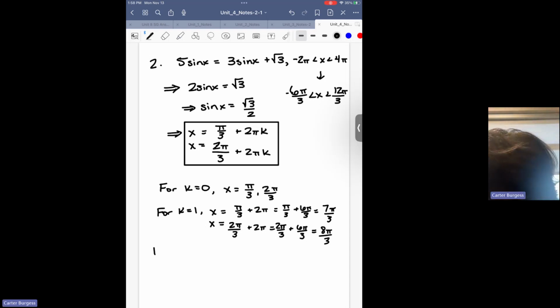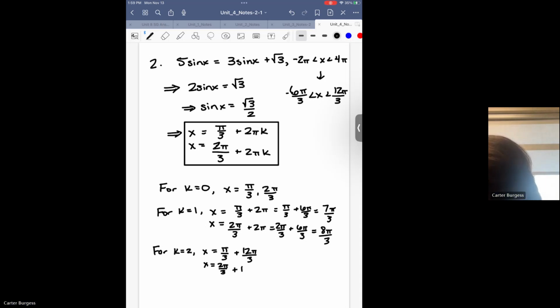All right, let's check for k equal to 2. When k is equal to 2, I am taking my pi over 3 and my 2 pi over 3, and rather than adding 2 pi, I am adding 4 pi. But maybe a better way to write that would be adding 12 pi over 3 to both.